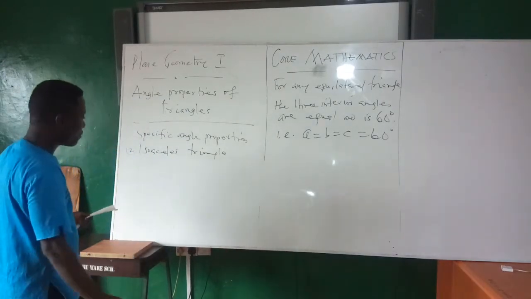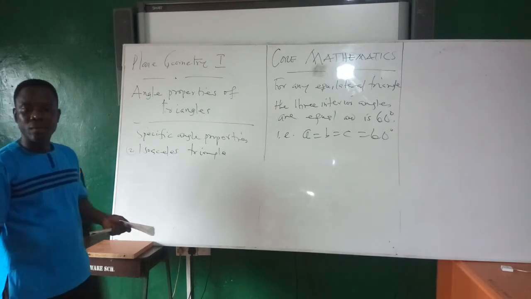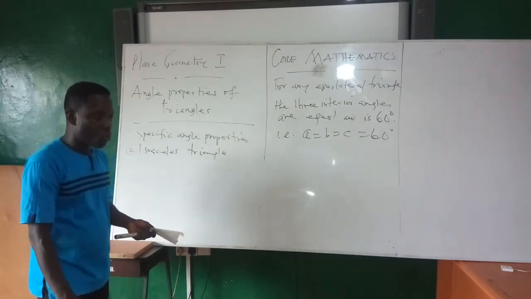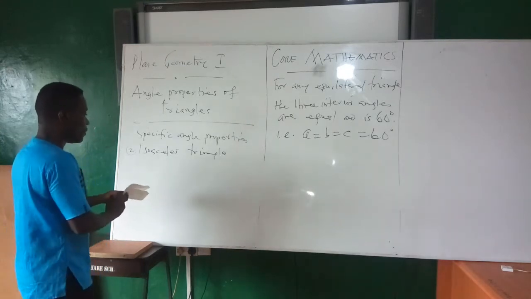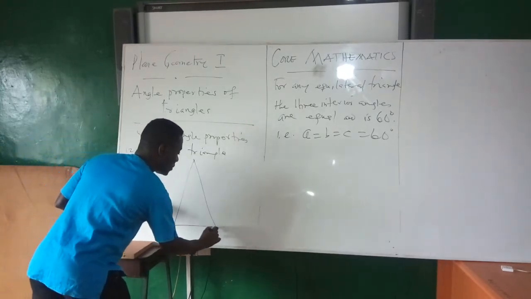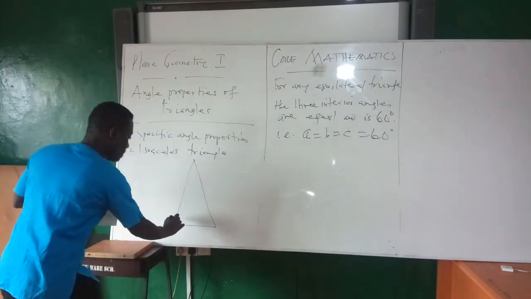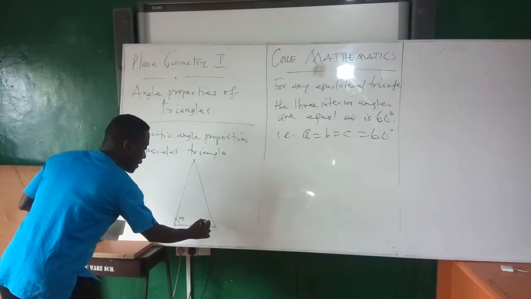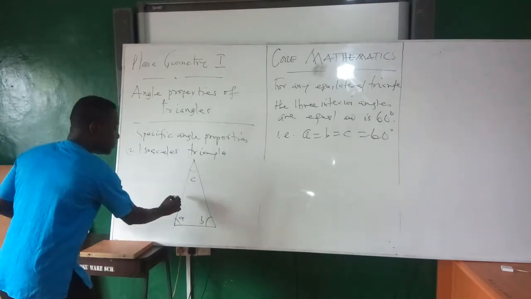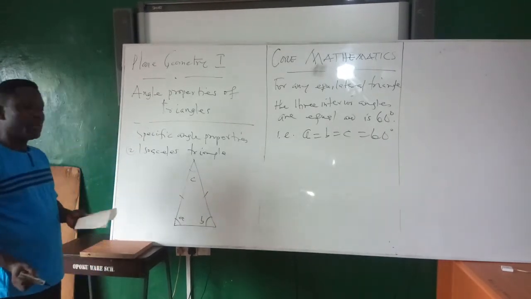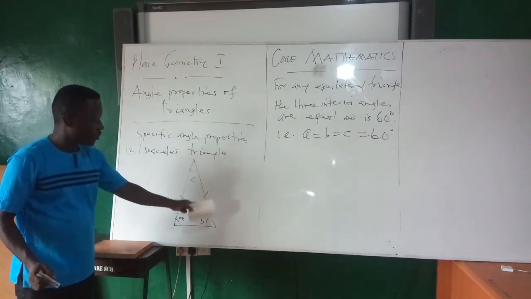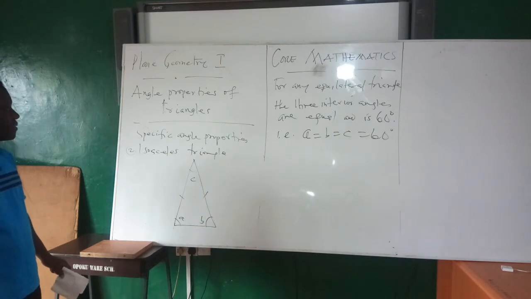An isosceles triangle is any triangle that has two of its sides equal. So something of this nature, my angles here are A, B, and C. And I put these indications here, indicating that this side is equal to this side. Those two sides are equal.